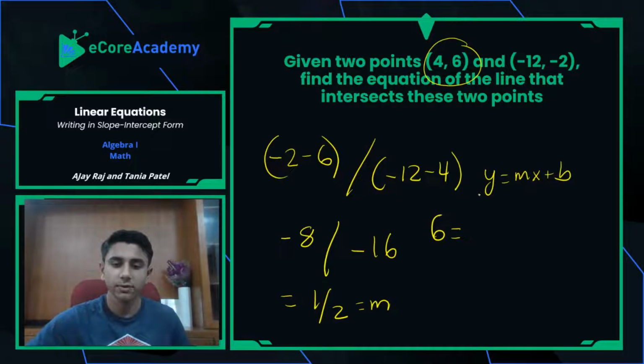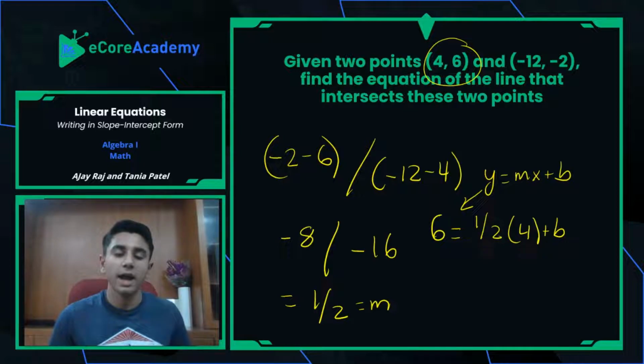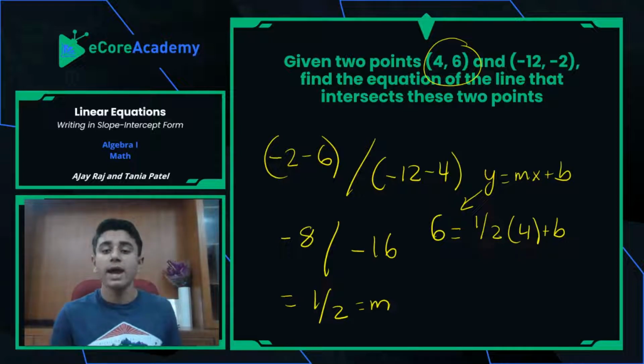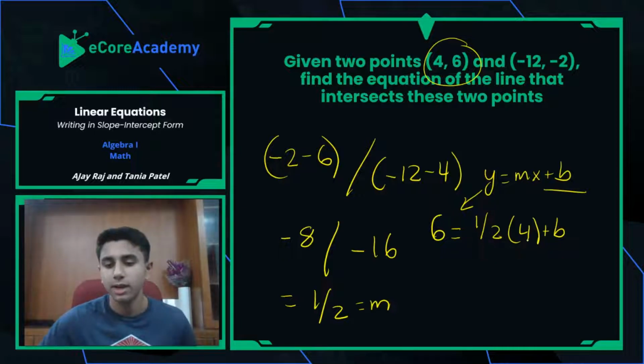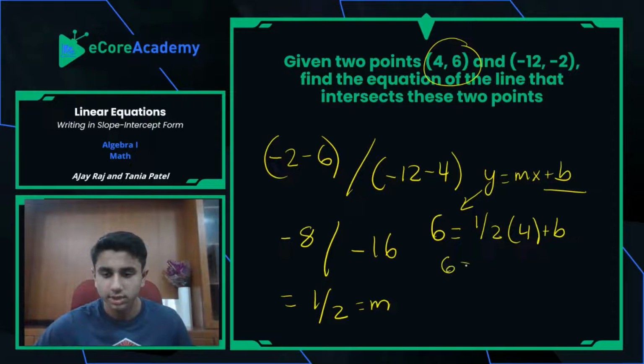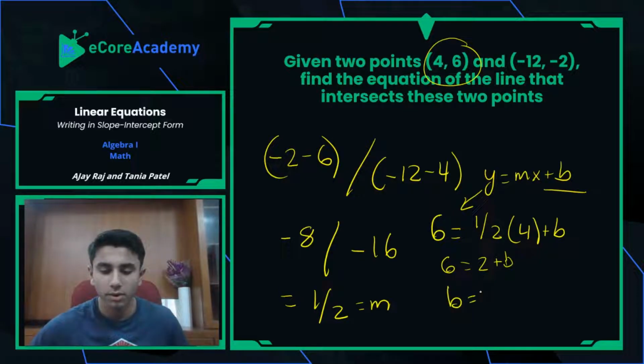We're plugging in 6 for our y value, 1/2 for our m, our slope, and our x is going to be 4, so we multiply that by 4. And b is exactly what we're solving for, our y-intercept, where the line intercepts the y-axis. So 1/2 times 4 is 2. So 6 equals 2 plus b. If we subtract 2 from both sides, we get that b is equal to 4.